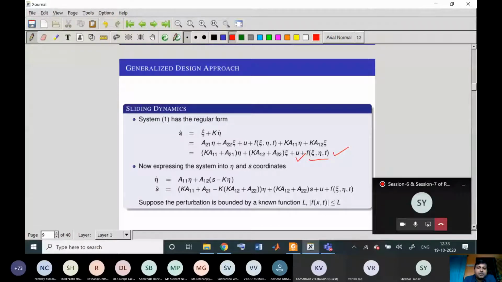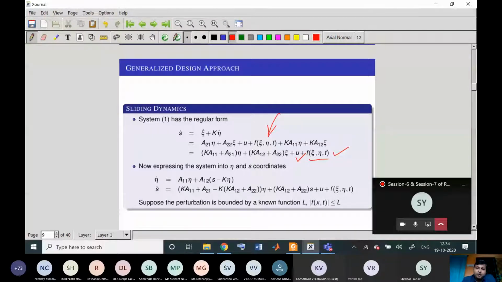This is called relative degree 1. If the objective function you have chosen has relative degree 1, then only will first order sliding work. That is another hint on how to construct the sliding surface. Not only is it an objective function, you also have to design the sliding surface in such a way that at the first derivative of S, the control appears.